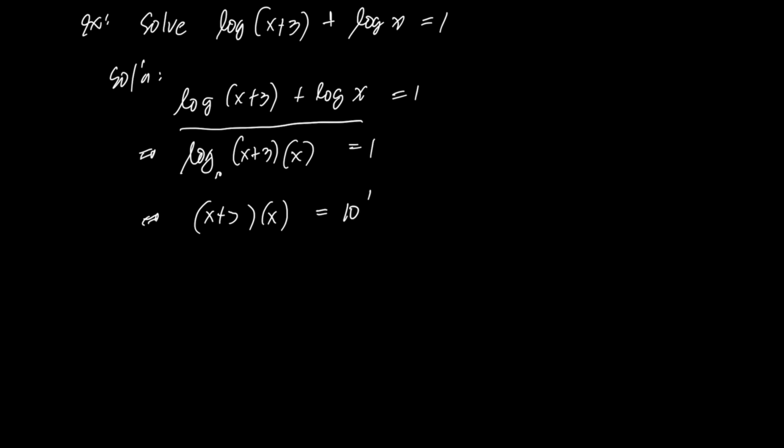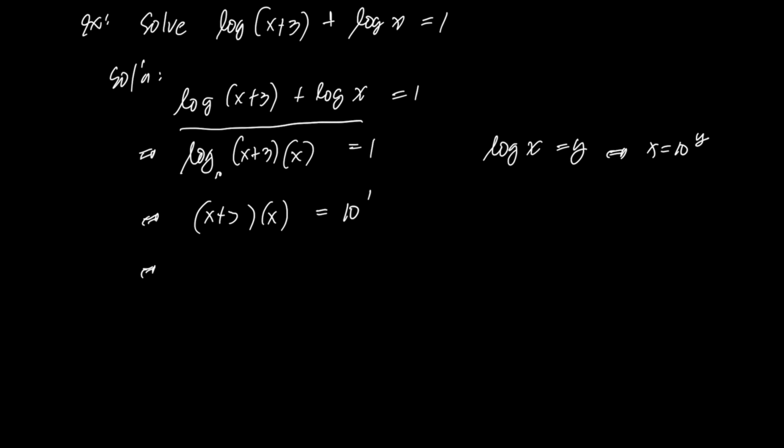Take note of the definition, guys. The log of x equals y is equivalent to x equals 10 to the y. So here, our x is the entire (x plus 3) times x, our y is 1, and our b is 10.